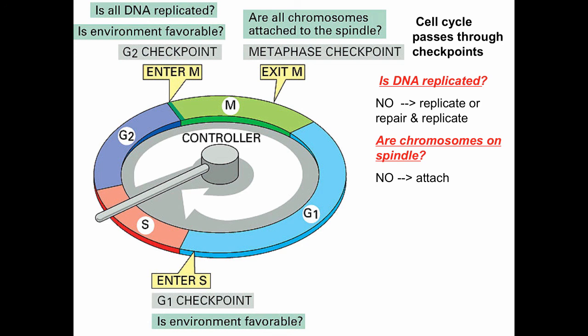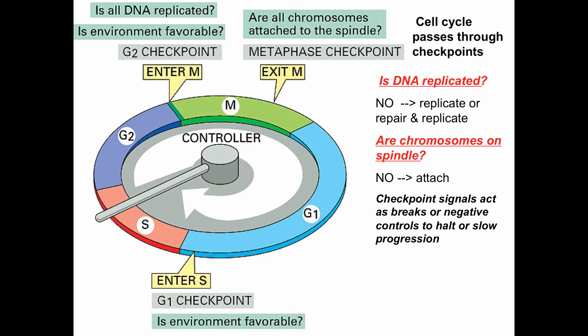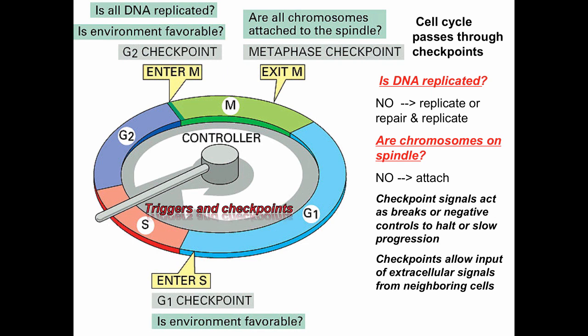That's necessary before the cell can divide. So the checkpoint signals act as brakes or negative controls to halt or slow progression through the cell cycle. Checkpoints allow input of extracellular signals from neighboring cells as well. So we can say that control of the cell cycle is all about triggers and checkpoints.